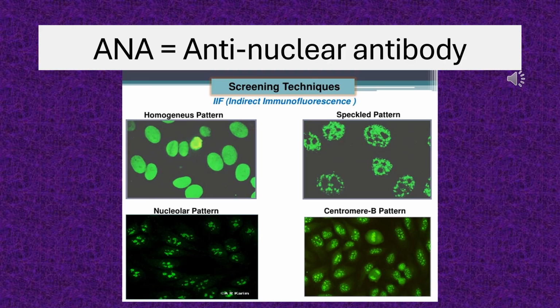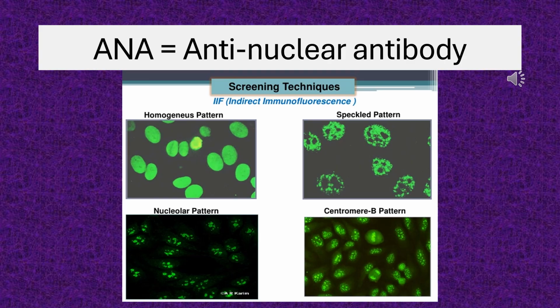For instance, a homogeneous pattern could mean that the antibodies are sticking to any of numerous antigens. However, something like a centromere antibody pattern does indicate with high probability that there's an anti-centromere antibody. So sometimes those patterns are helpful, but if it's homogeneous or speckled, it's less beneficial for you.